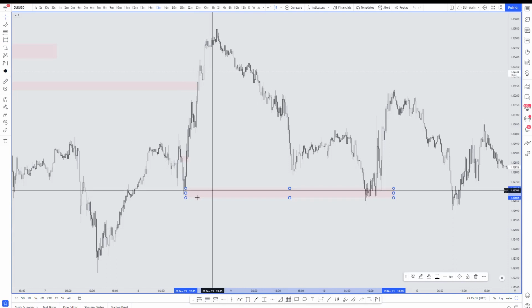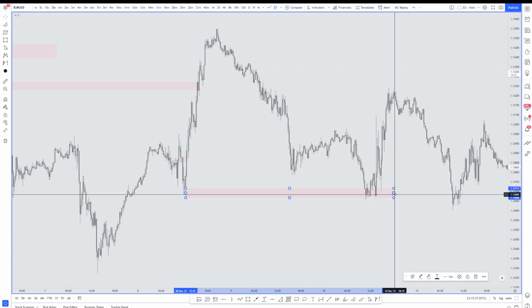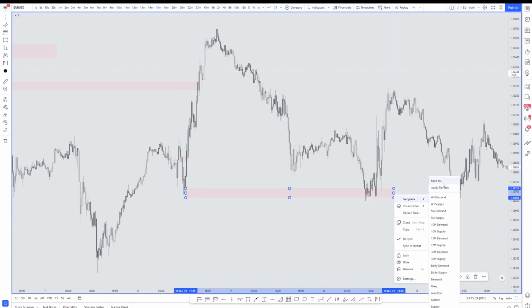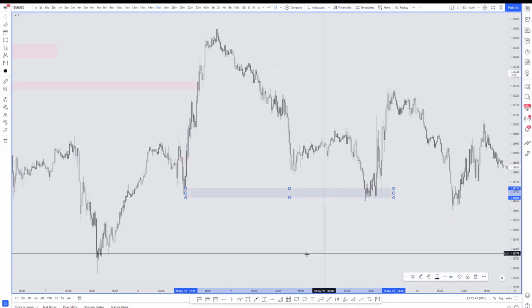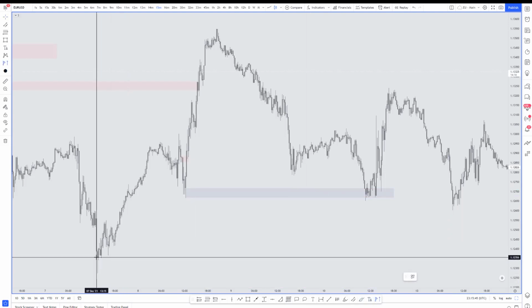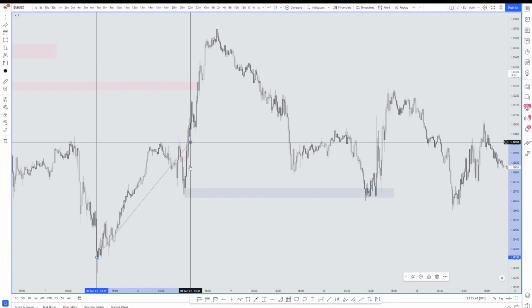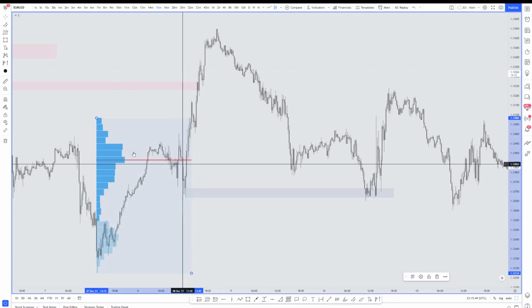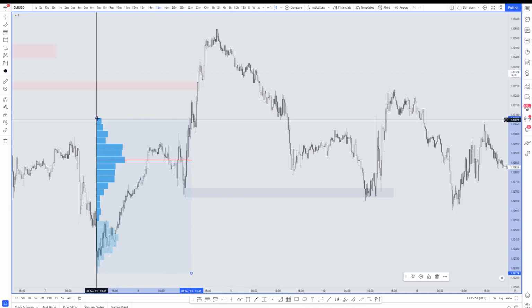So our flip came from something in here, the move originated. You can see that you did come back to this. Now, if we just check the volume profile of this, so your spike's kind of down here.